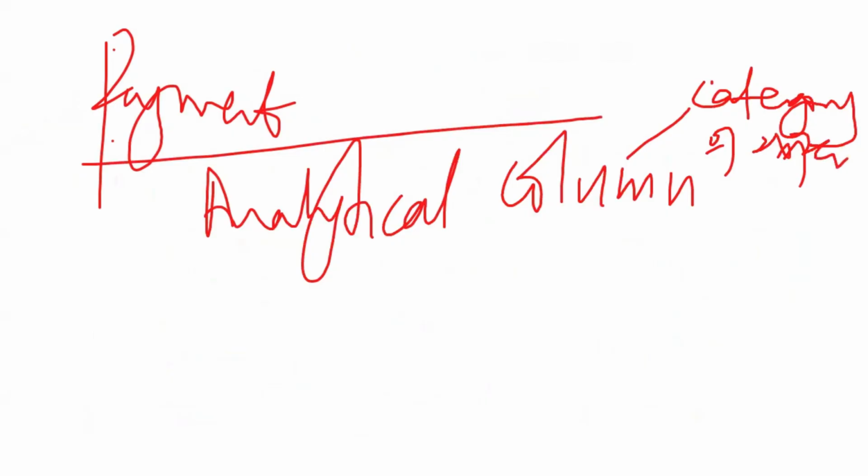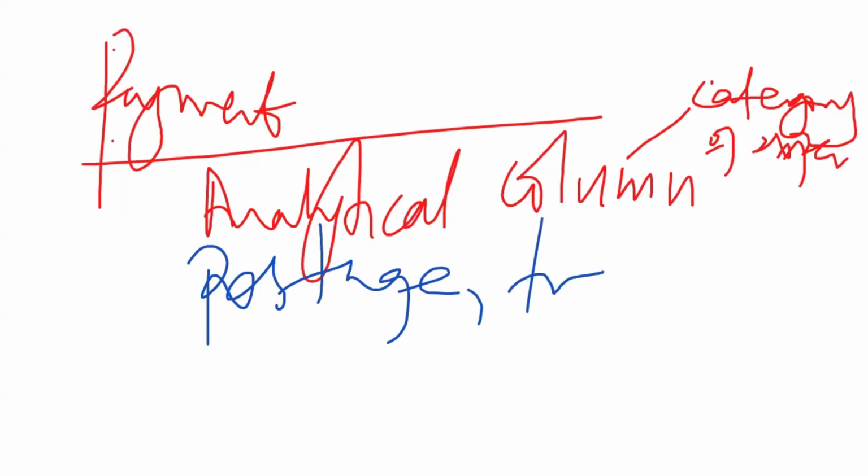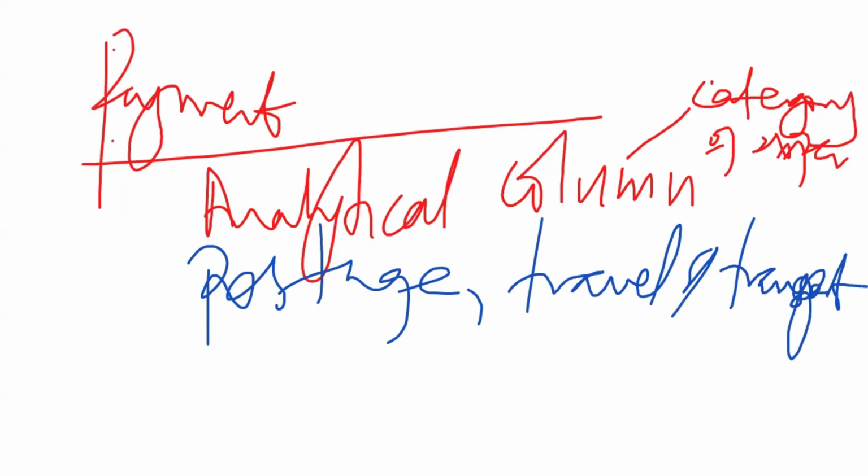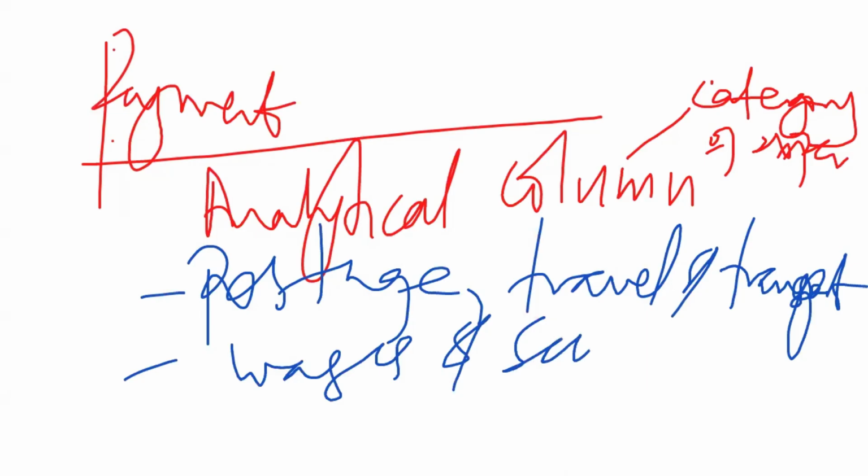For example, we can have a column for postage, we can have a column for travel and transport expenses. So all the expenses that are related to transport will be within that category. We can have things to do with wages and salaries. That would be an analytical column.